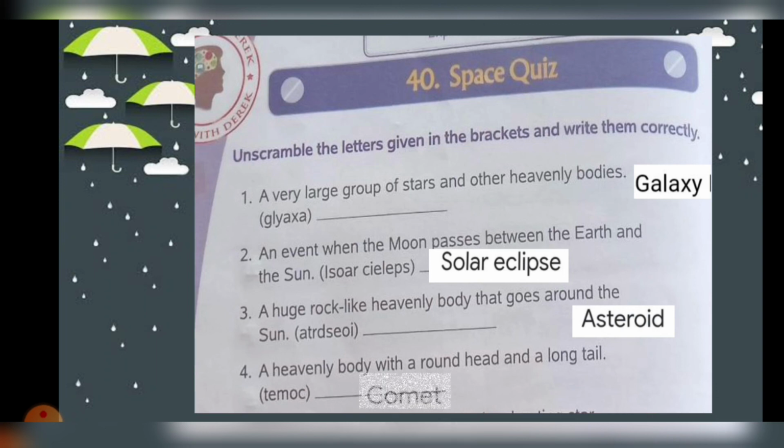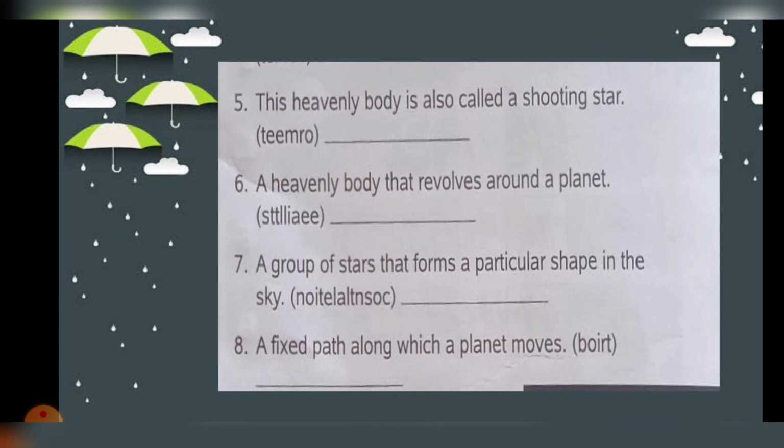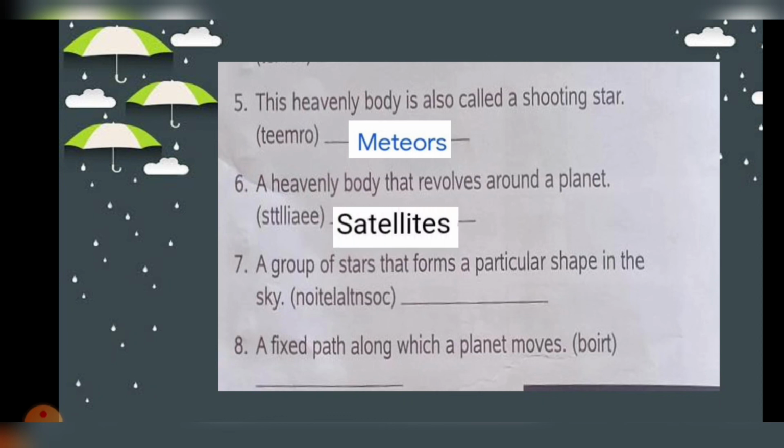It is known as comet. Okay, next we move on to number 5. This heavenly body is also called a shooting star. It is meteor. Number 6, a heavenly body that revolves around a planet. It's a satellite. Number 7, a group of stars that forms a particular shape in sky. It is constellations. Next, number 8, a fixed path along which a planet moves. It is known as orbit.